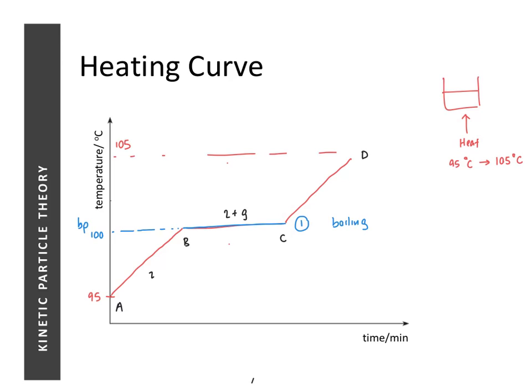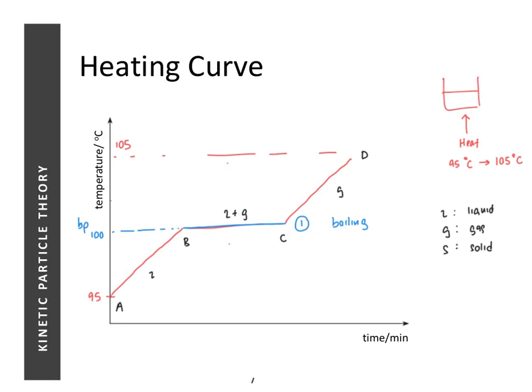And C to D, the water has finished boiling, so now it is entirely in gaseous state. Something that I forgot to do in the last slide, if you are using symbols to represent solid, liquid and gas, do write a legend to make your diagram clearer.